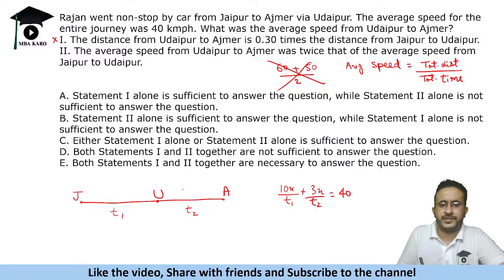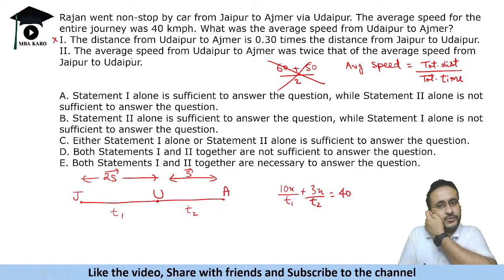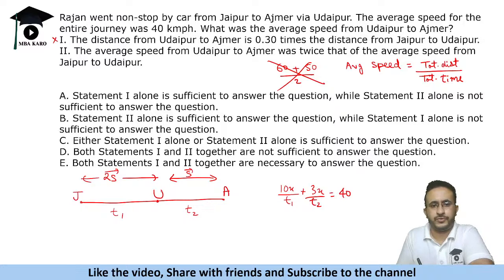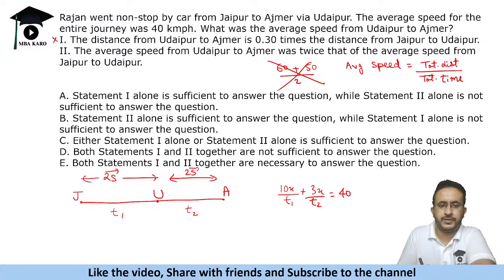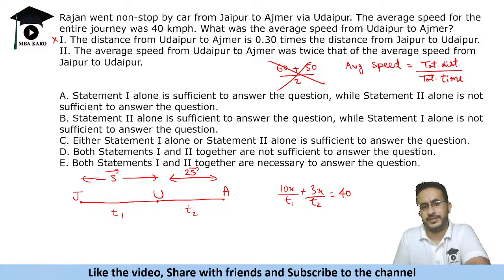Suppose Jaipur to Udaipur, the speed is, let's say, s. That was the distance we took earlier. And Udaipur to Ajmer, the speed is 2s, right? Udaipur to Ajmer is twice this, so it will be 2s speed and Jaipur to Udaipur will be s as the speed.